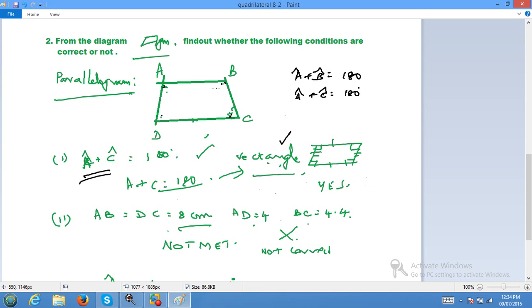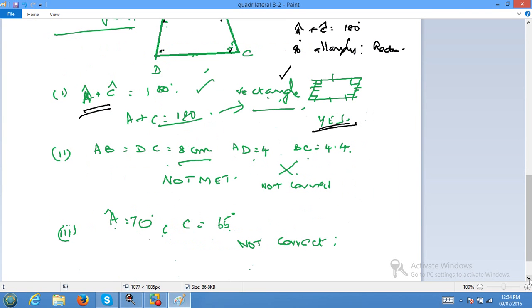Therefore, all angles are equal to 90 degrees. It's a 90 degree in all angles. Therefore, it is a rectangle. So this is possible. So the answer is yes, correct.